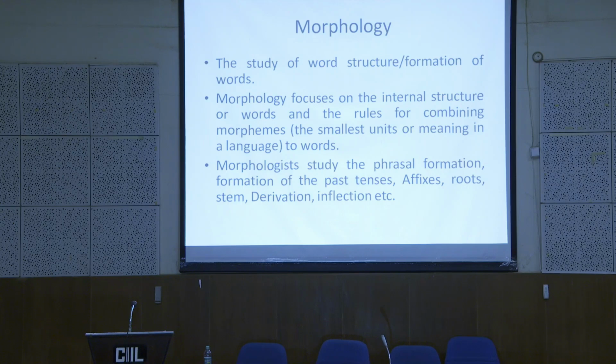In your languages also, a single phoneme may give a meaning. So, a morpheme is a minimum meaningful unit which cannot be further divided into meaningful units. You cannot say that stage can be divided into "sta" and "ge", like that. That part doesn't give any meaning.